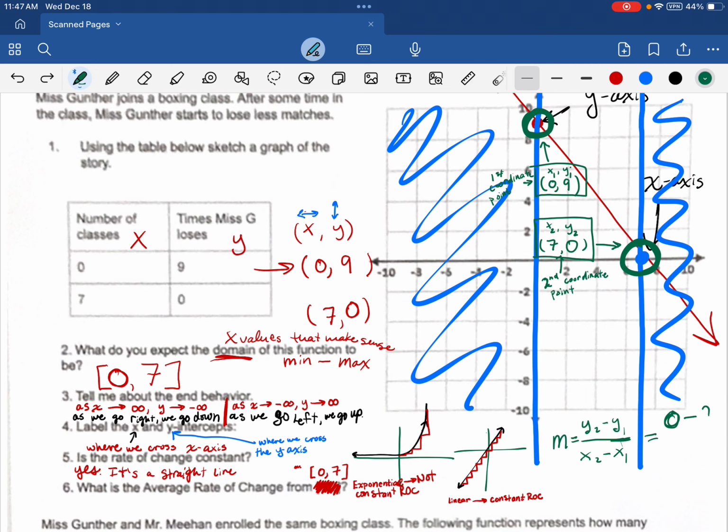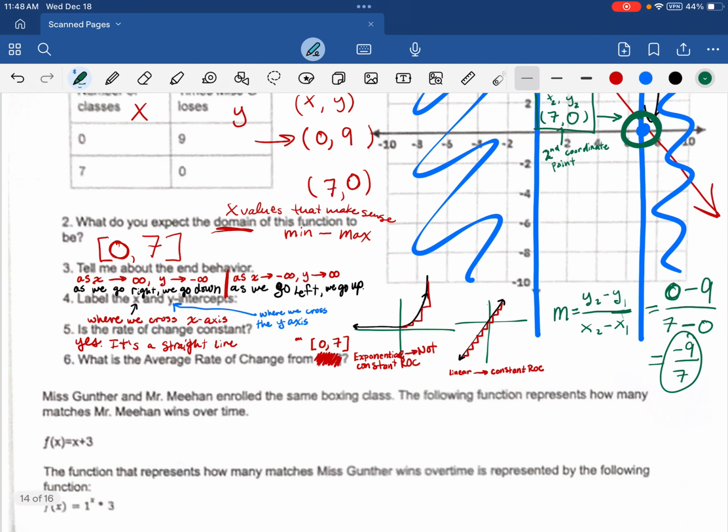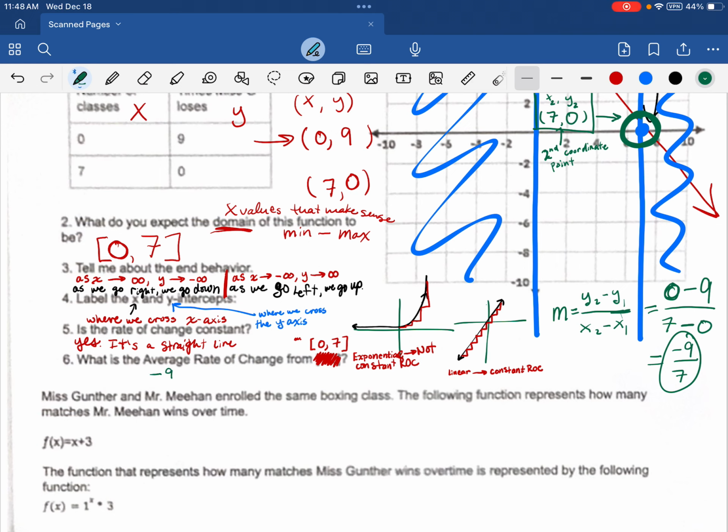So I'm going to write 0 minus 9 over, next up I need x2. x2 is 7, so I'm going to write a 7 on the bottom here, minus, and then I need an x1. It looks like x1 is 0, so minus 0. If I figure that out, 0 minus 9 is negative 9. 7 minus 0 is 7. That's my answer, and that's what I'll write right here for number 6.